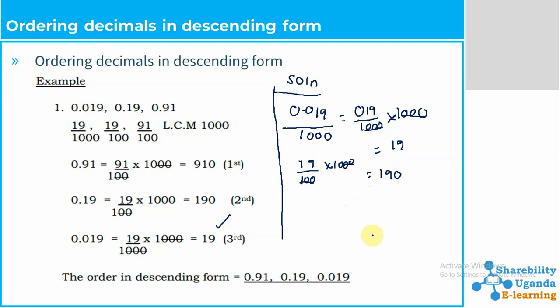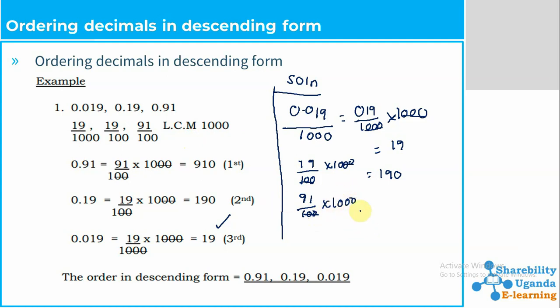Okay, then also when you come up with this, our 0.91, this is going to be 91 out of 100. We multiply by what? By 1,000. We are using 1,000 because it is a factor that can divide all the denominators of ours, or the LCM.